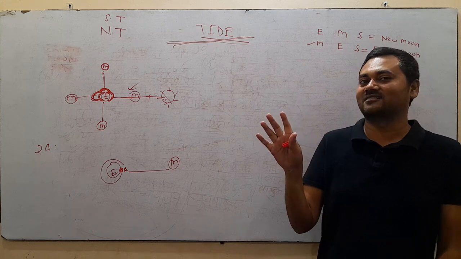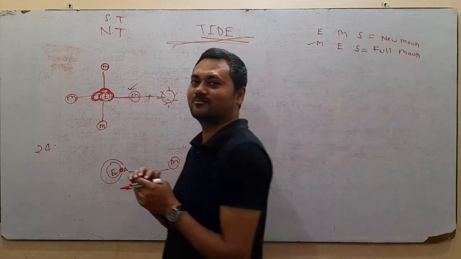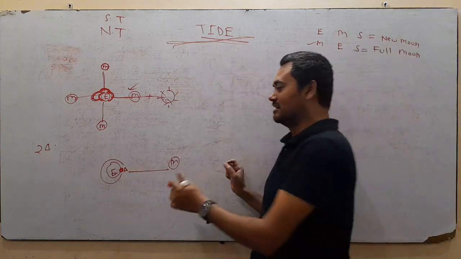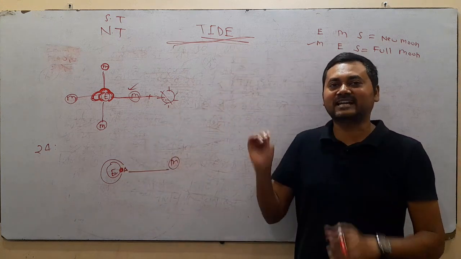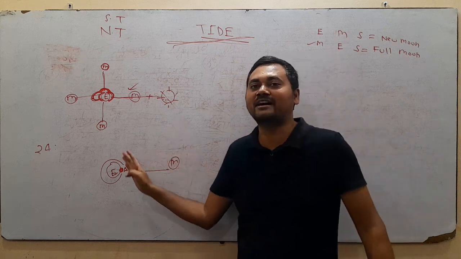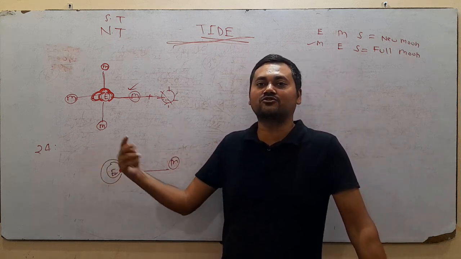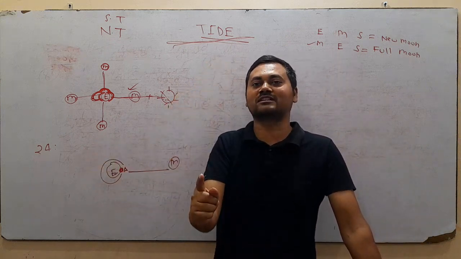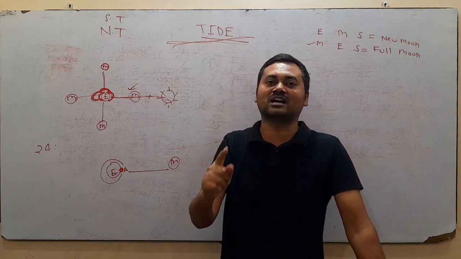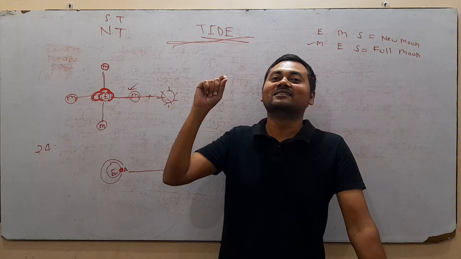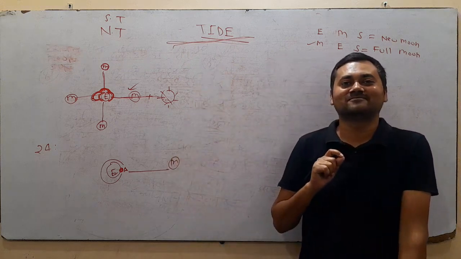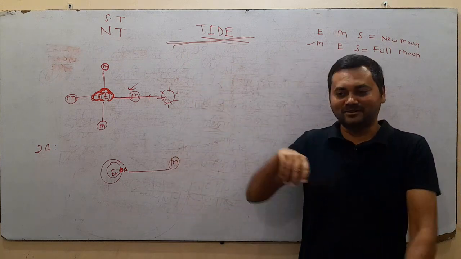Why? This is the most technical point here, because in 24 hours, the time period required by the earth to complete one rotation, in that 24 hours, what will the moon be doing? I mean, what?